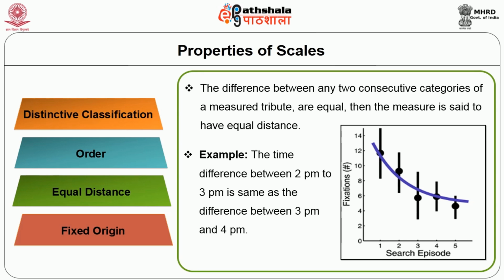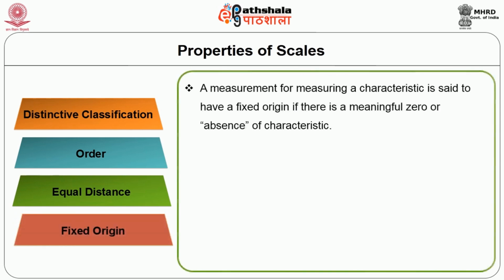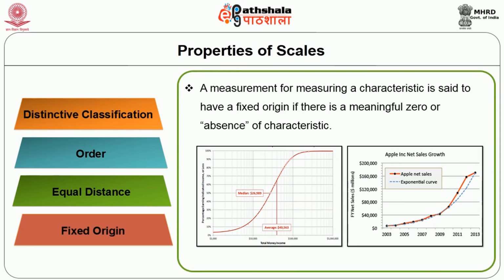For example, the time difference between 2 p.m. and 3 p.m. is the same as the difference between 3 p.m. and 4 p.m. Next is fixed origin. A measuring characteristic is said to have a fixed origin if there is a meaningful zero, or absence of the characteristic. For example, income of an individual, sales of a company.